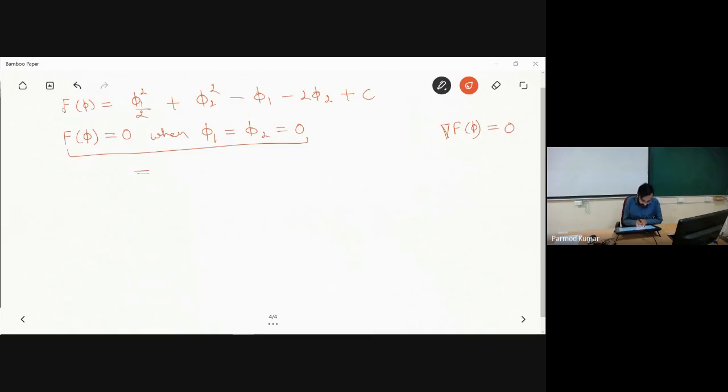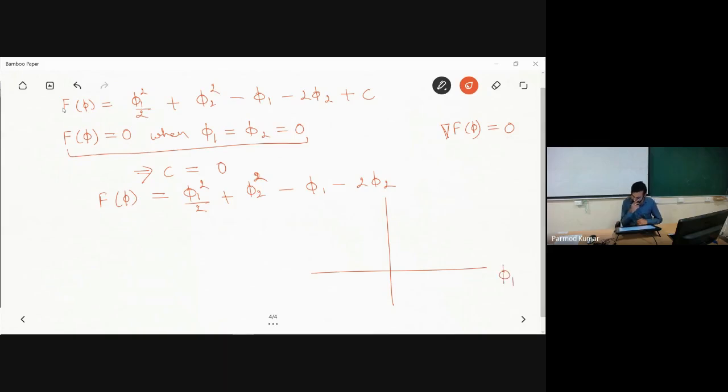This condition results in C being equal to 0. Finally my equation is f of phi equal to phi 1 square by 2 plus phi 2 square minus phi 1 minus 2 phi 2.